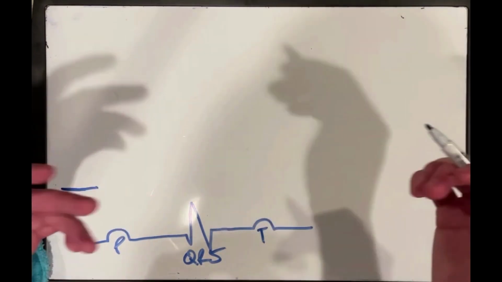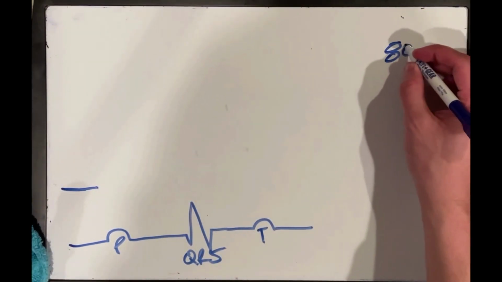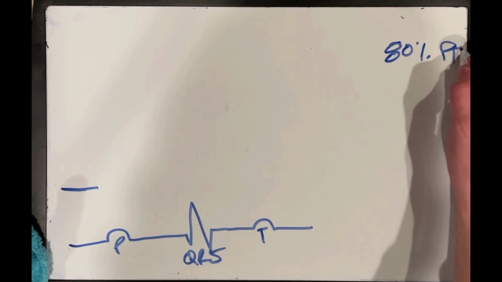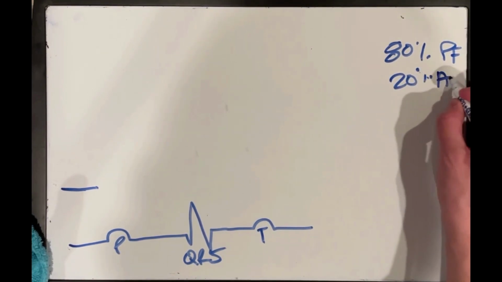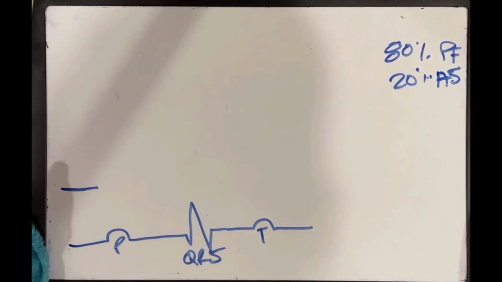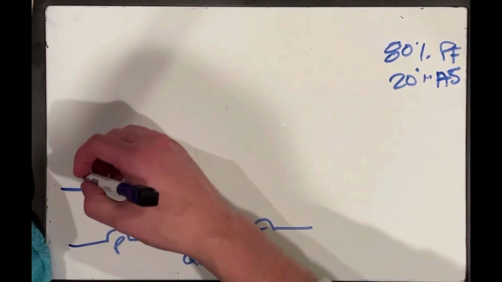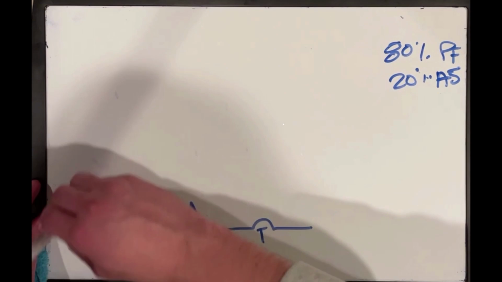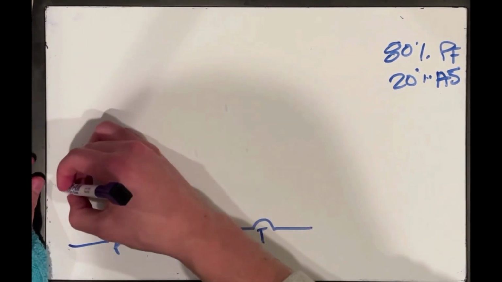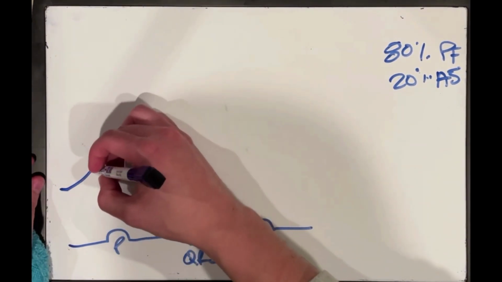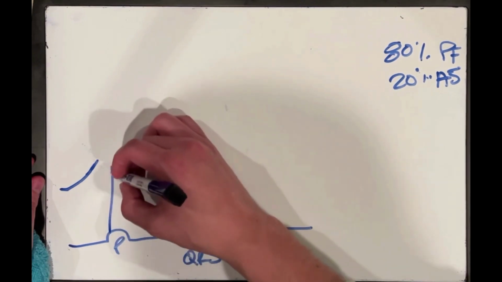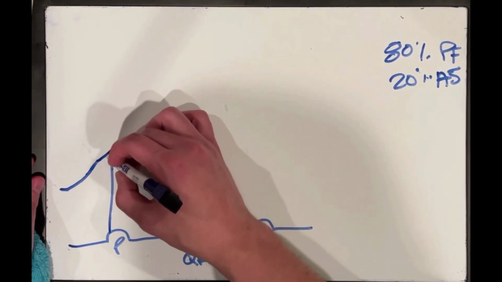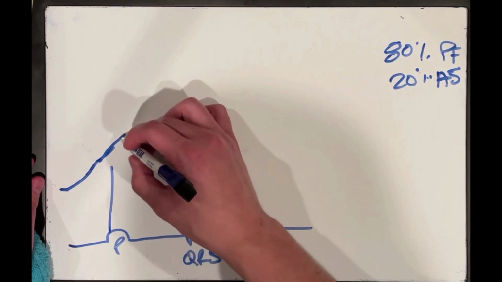It's something like 80% is due to passive filling, and only about 20% is actually from that atrial systole. And so actually, for this sake, we'll go ahead and redraw this, because here we're having about that 80% fill, and then right at the point of atrial depolarization, the atrial contraction, we'll see it go up a little bit more.